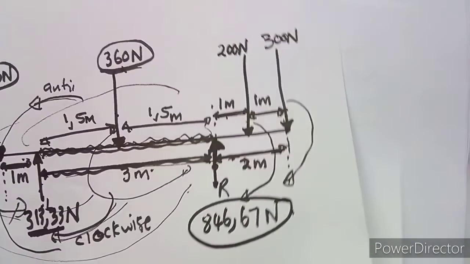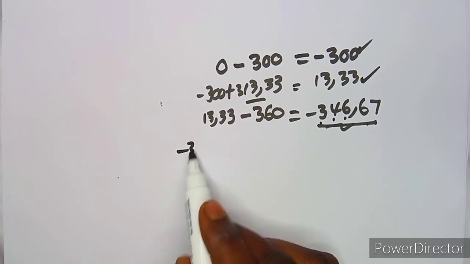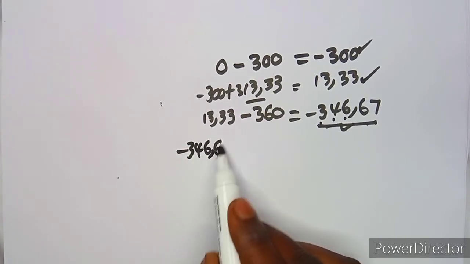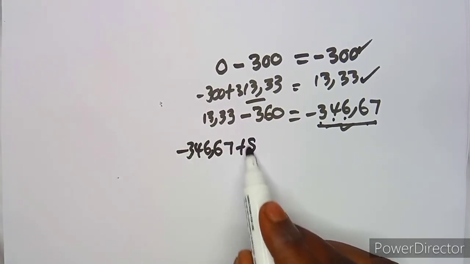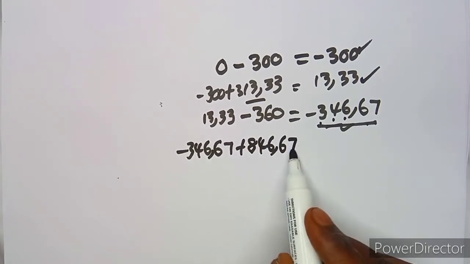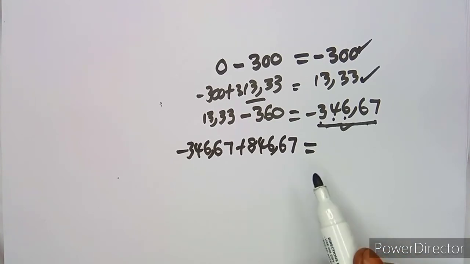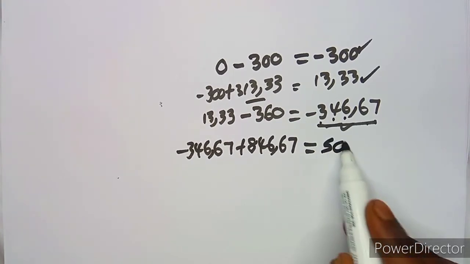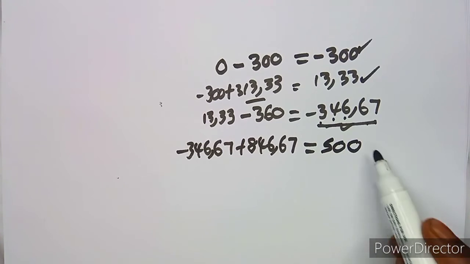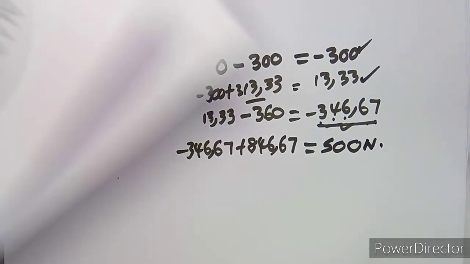Where we are at this point, minus 346,67, we add 846,67. If we add this, we are going to obtain 500 there.